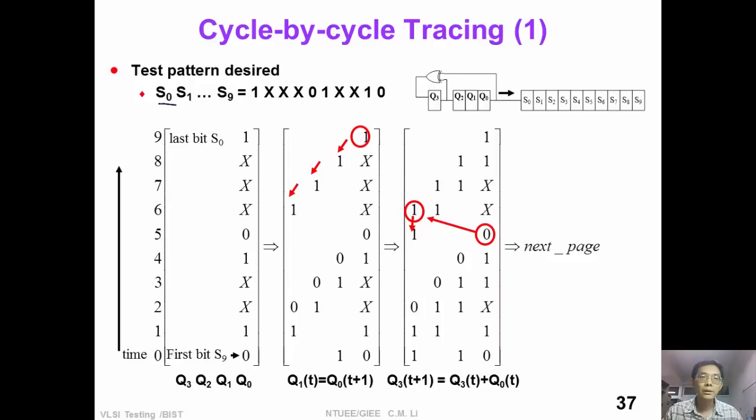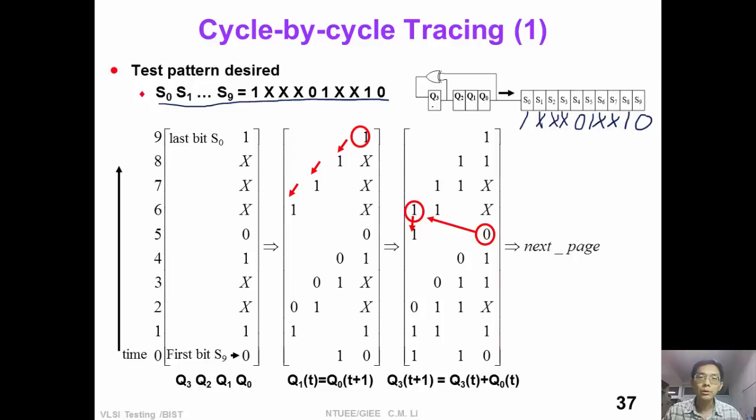Suppose that the test pattern desired is 1 x 0 1 x 1 0, where x represents don't care bits. This test pattern is generated by ATPG.